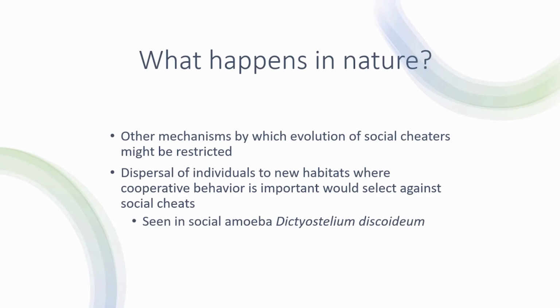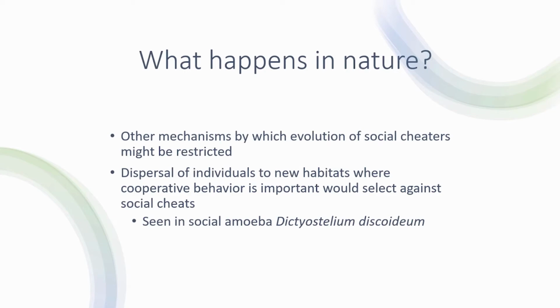So the researchers of this paper hypothesized that there might be other mechanisms by which evolution of social cheaters might just be restricted. So there might be other things that evolve in a way that social cheaters are selected out.